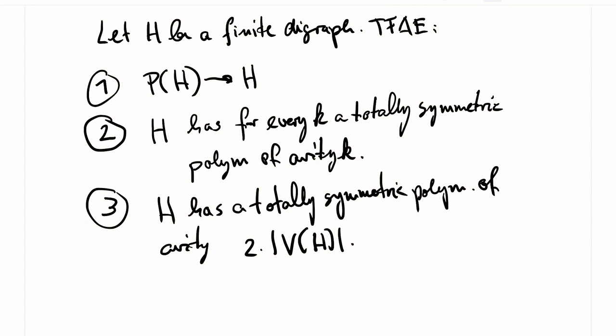So note that this will in particular imply the proposition that we've seen earlier, because if we have a semilattice polymorphism, this will imply 2, and 2 will then imply 1. So the theorem implies the proposition.